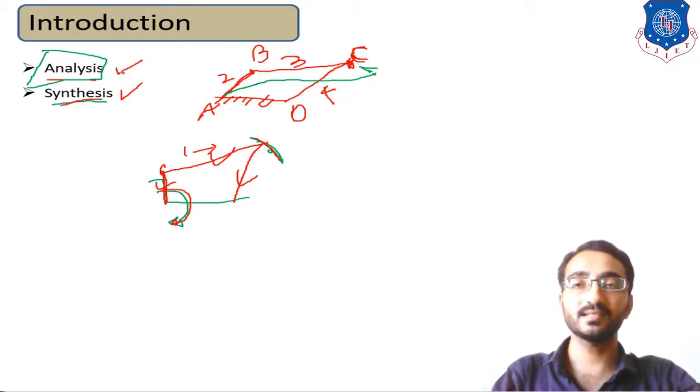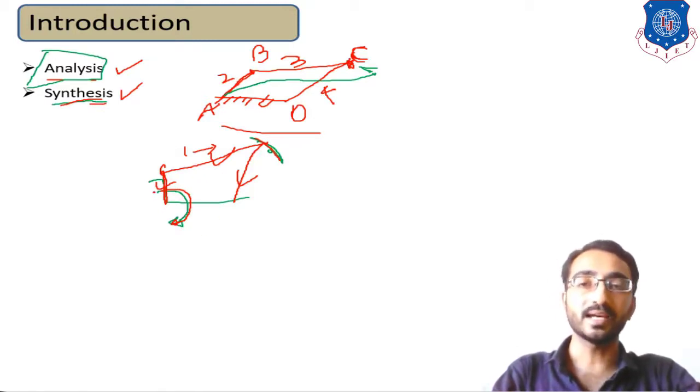In analysis we are simply analyzing, for example, displacement, velocity and acceleration, and that is only for existing systems or mechanisms. But in the synthesis process we are creating a new design, and that design will help us achieve the desired output.